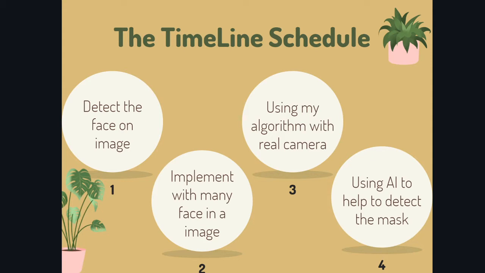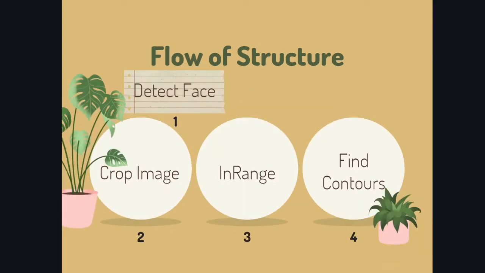Second, I want to implement this for many faces in an image. Third, I will use my algorithm with live cameras. And the last, I want to use AI to help detect the mask. Okay, and this is the structure.